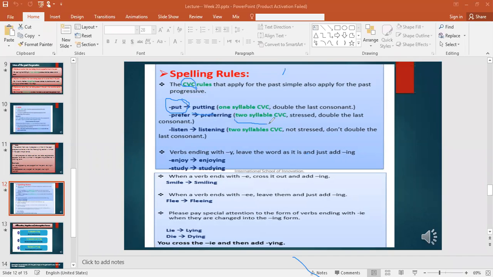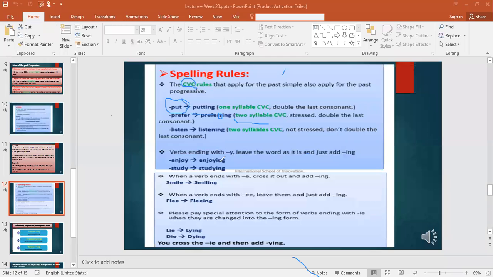"Prefer" is a two-syllable word. Here we doubled the R, which is the last consonant, because when I say "prefer," I'm stressing the second syllable. So I double the last consonant and then I add -ing. Now in "listen," we are not stressing, so we don't double the last consonant. This is the difference between "prefer" and "listen."